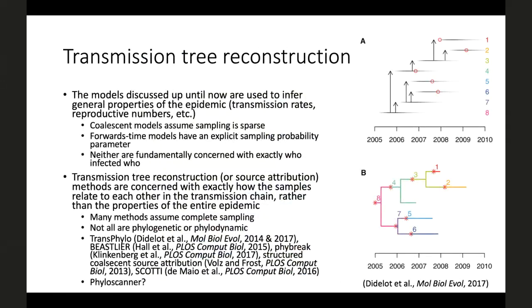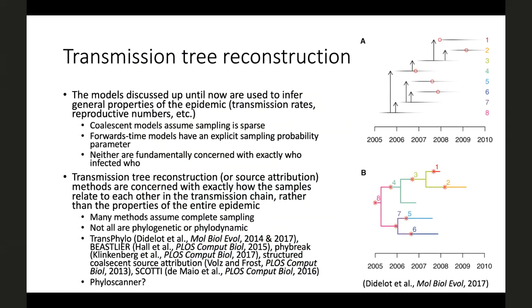The last thing I'll talk about is transmission tree reconstructions. What I've talked about until now are usually used to infer general properties of the epidemic, such as transmission rates or reproduction numbers. And often they're in situations where you don't have particularly great sampling. Coalescent models assume that sampling is sparse, and forward time models will have an explicit probability of sampling as a parameter.